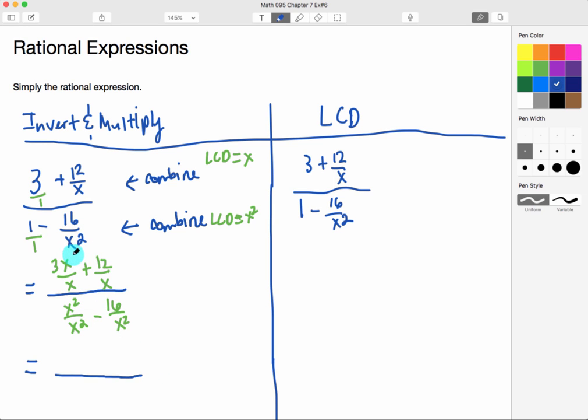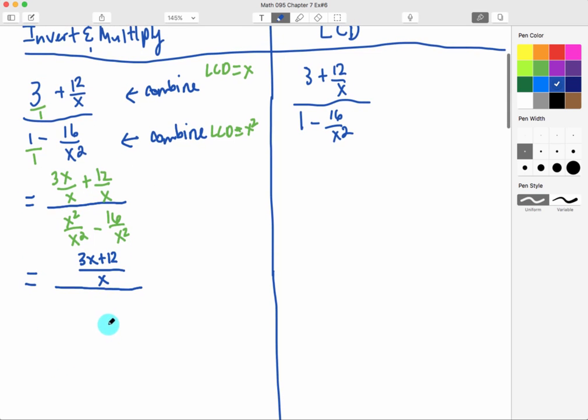So back to our skills with addition and subtraction, as long as they have the same denominator, I can start to do the operations. So I have a 3x plus 12 all over x. And then on to the denominator, I will have x squared minus 16 all over x squared.